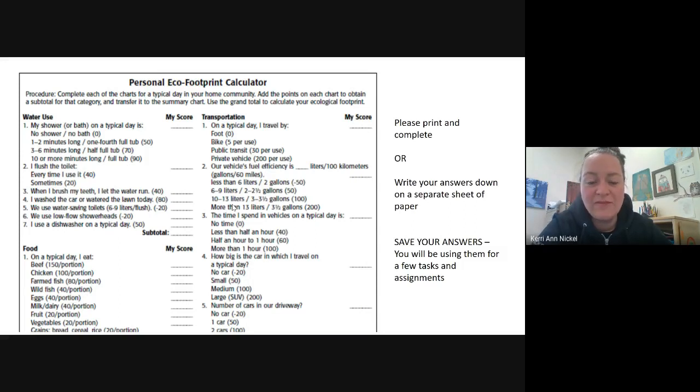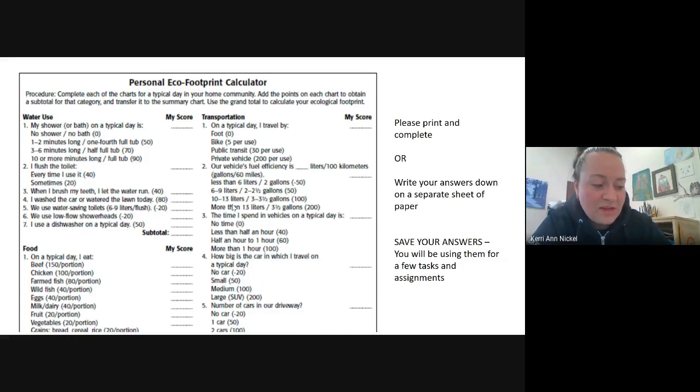So I haven't shown the full picture here. You're going to have to use the file that's provided in D2L. Now, the results may surprise you, but I think it's important to start thinking about how your personal choices have an impact on more than just yourself and more than just your immediate family. Now, here's a few things you're going to have to think about before you complete the calculator.